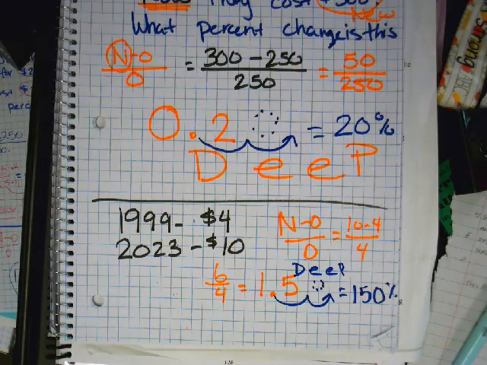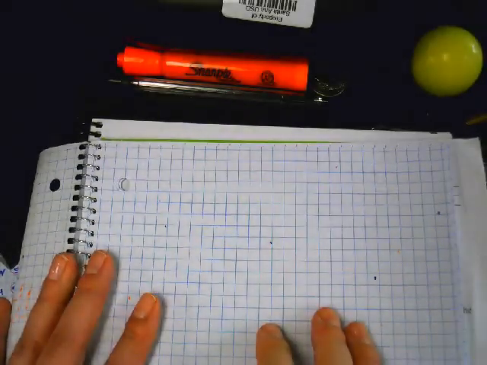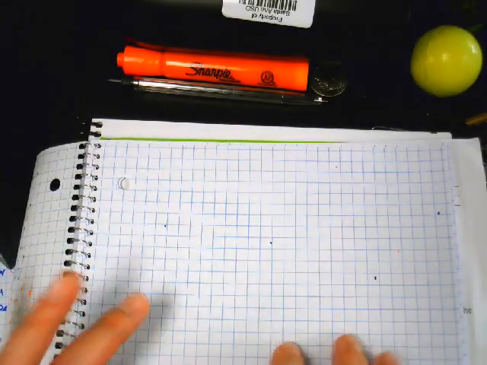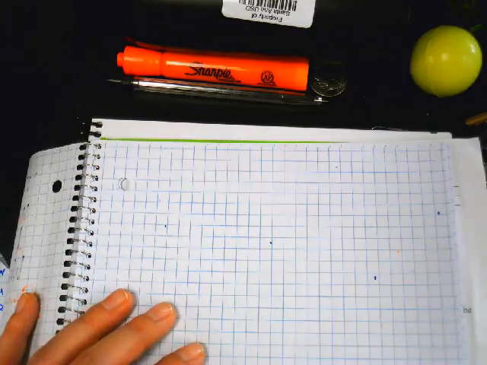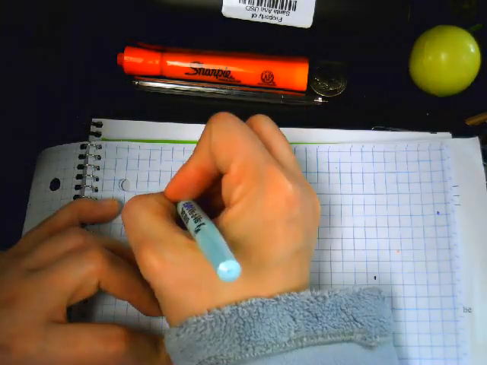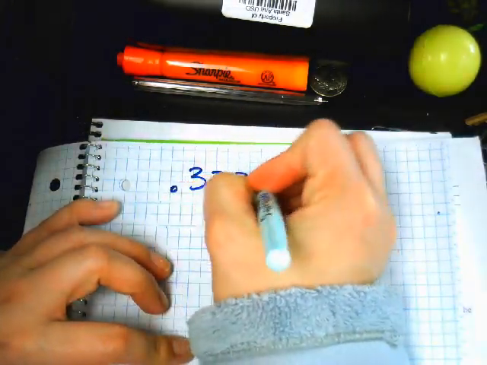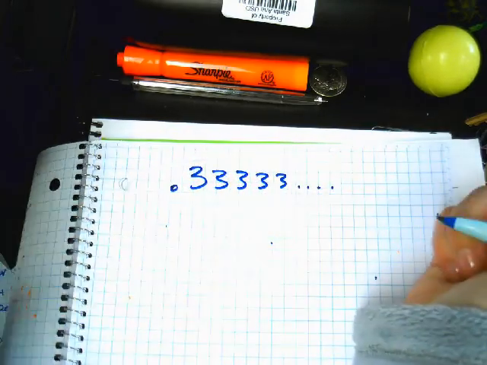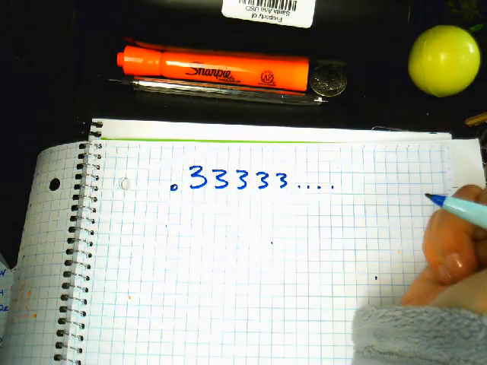Are we ready? I don't think we are. There's one thing I wanted to tell you. Does anybody know what a repeating decimal is? What is it? Okay, so if we have 0.33333..., this is called a repeating decimal.